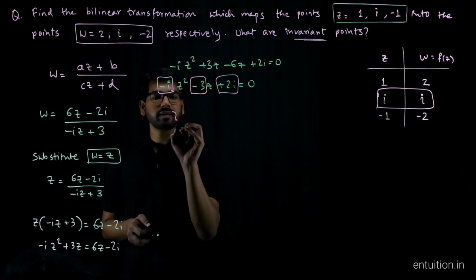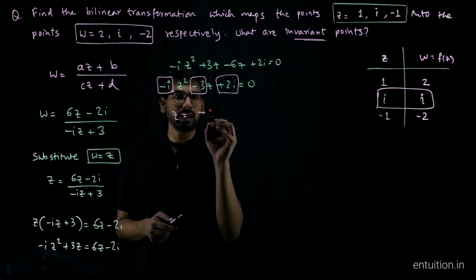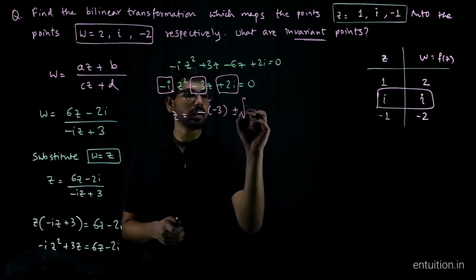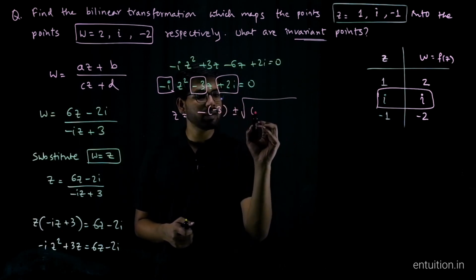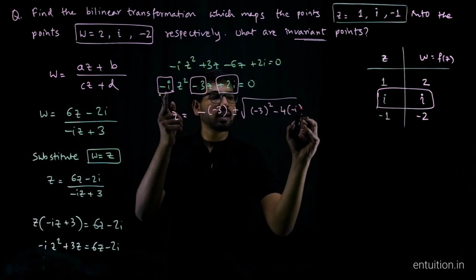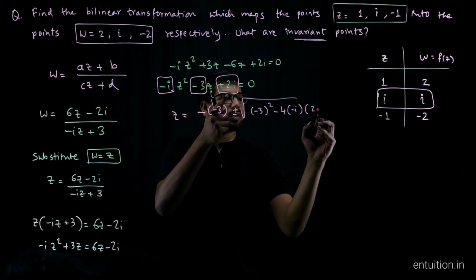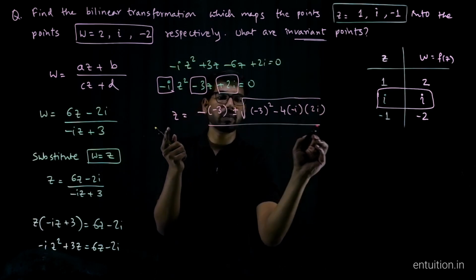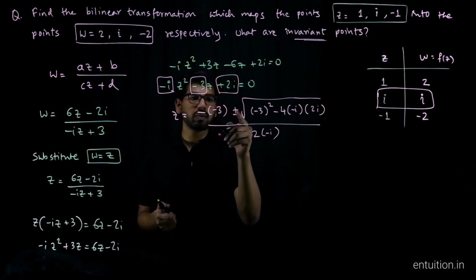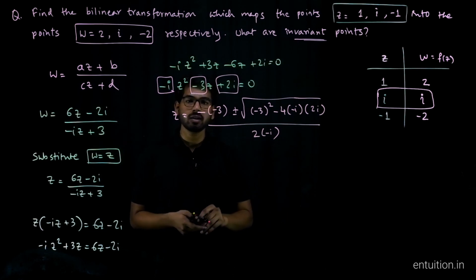So how do you find z? z is nothing but minus b. Minus b is nothing but 3. Minus b plus or minus under root b square, b square is minus 3 square, minus 4 times a is minus i, c is 2i. Okay. Divided by 2a. a is minus i. Okay. Minus b plus or minus under root b square minus 4ac by 2a.